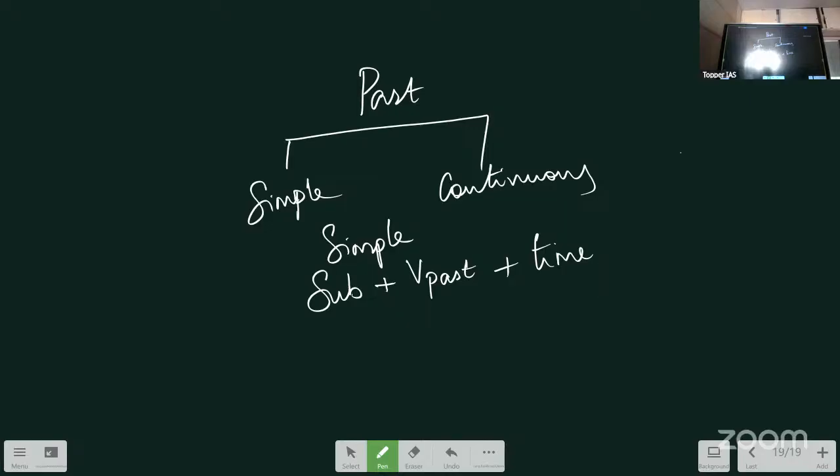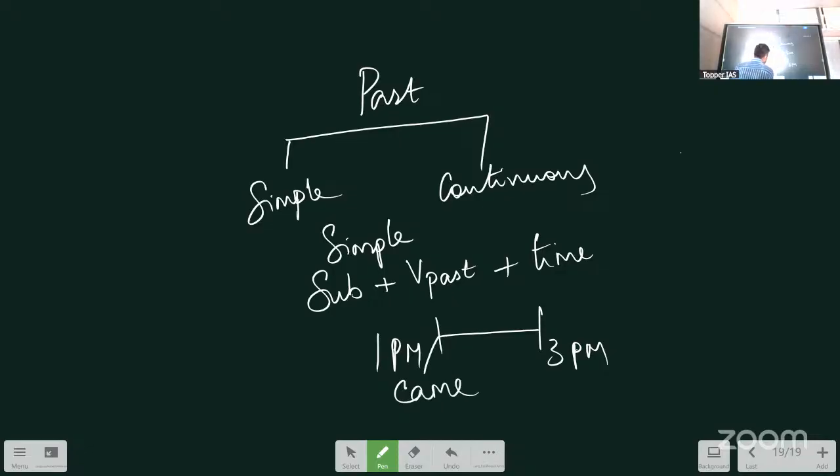So something that is over. A one-time action which is over. I can say I came. I ate lunch, I taught the class, which means it is finished in the past. Taking a timeline: it is 3 PM now, and I came at 1 PM. So I can say I came at 1 PM, which means I finished the job at 1 o'clock.